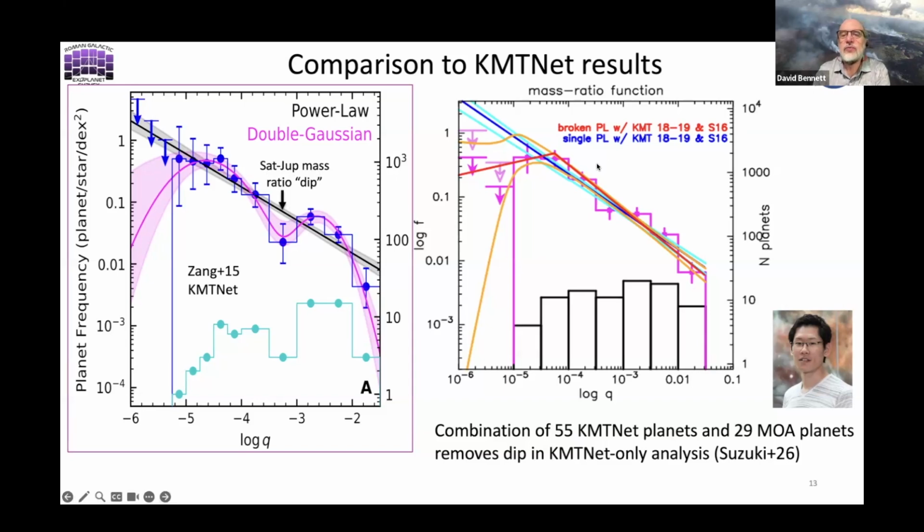When we combine this analysis from KMTNet with the 29 planets in the MOA sample published, this dip pretty much disappears. In fact, more recent KMTNet data shows a larger fraction of planets in this region, which confirms that this dip may not be real, and certainly is not as extreme as originally predicted for the sub-Saturn mass gap.